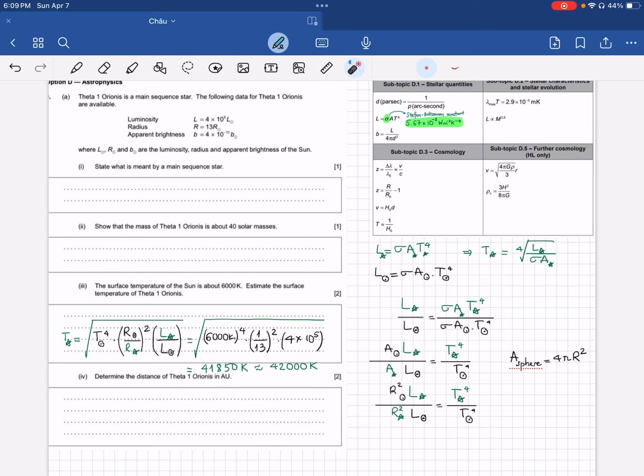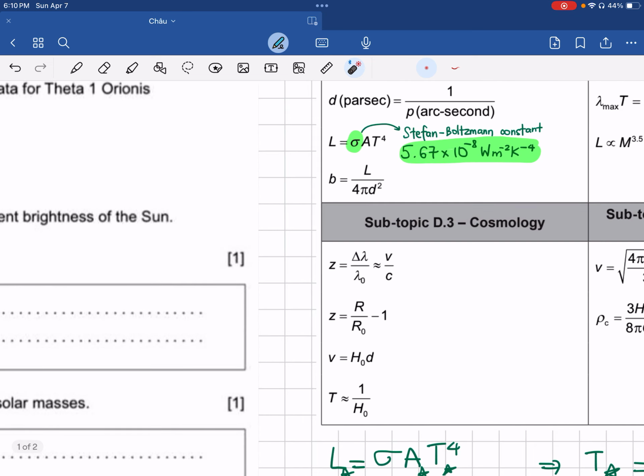So where should we start? We should use the formula from the data booklet. We can find surface temperature, which is the big T, measured in Kelvin, and we are also given the luminosity, L. This is the equation we can use: luminosity equals a constant, the Stefan-Boltzmann constant, times the surface area of the star and the surface temperature to the fourth power.